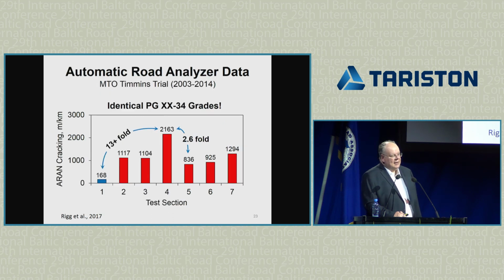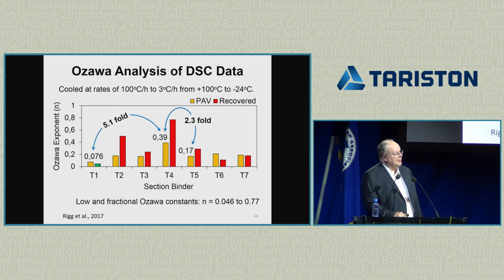The ARAN data, automatic road analyzer data, automatic crack detection, we found in 2014, section 1 at about 168 meters of cracks, but lots of it through core holes. And section 4 about 2,000 plus meters of cracks. So it's about a 13 plus fold difference. That's huge, best to worst case performance in adjacent test sections. Identical design, identical climate, identical traffic.